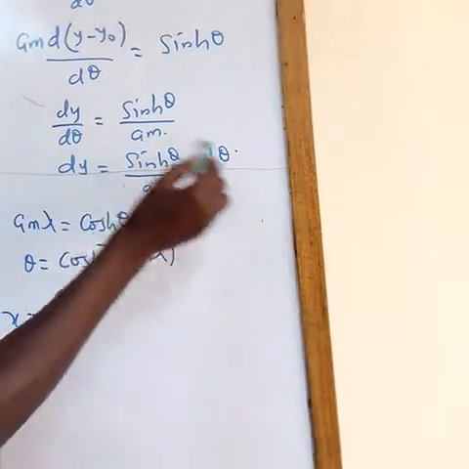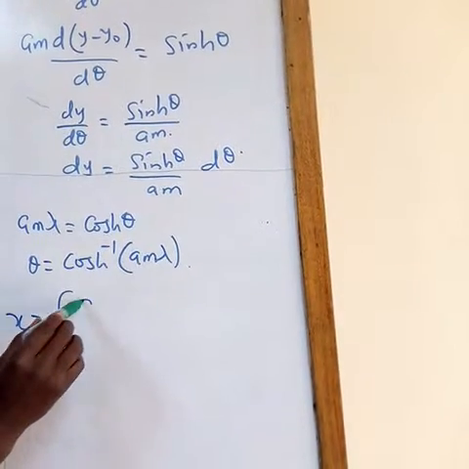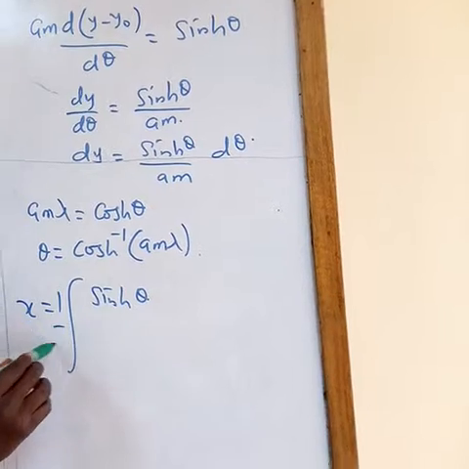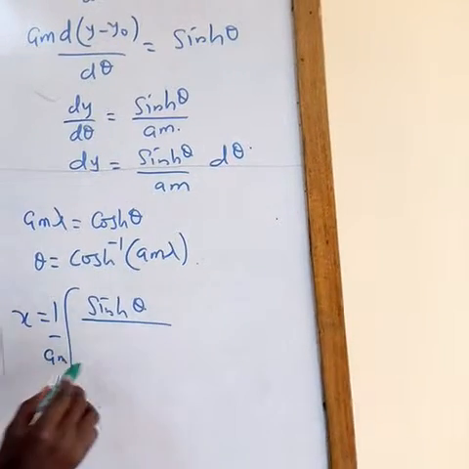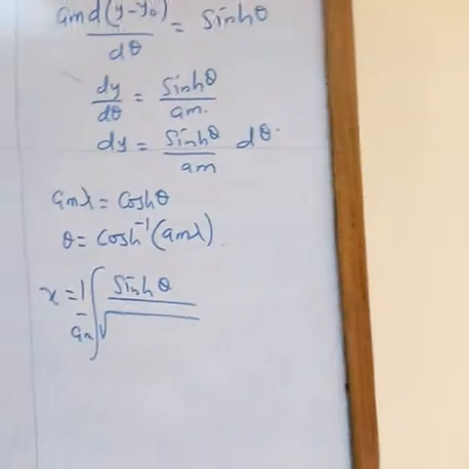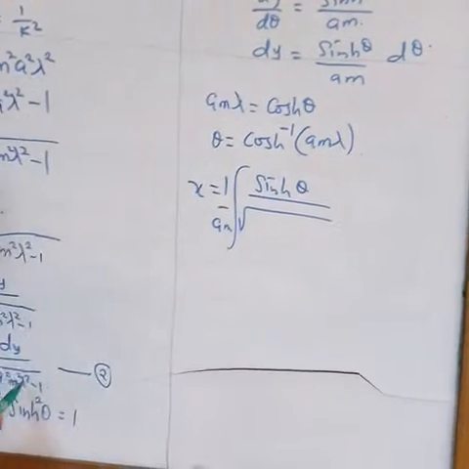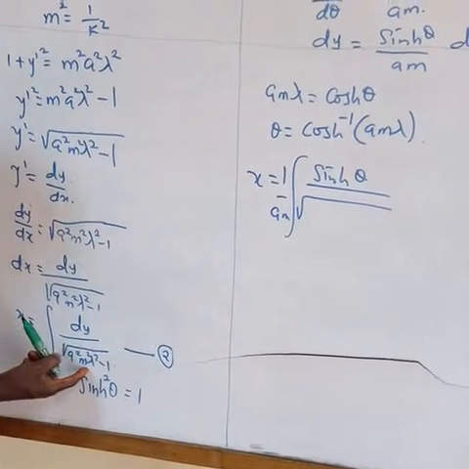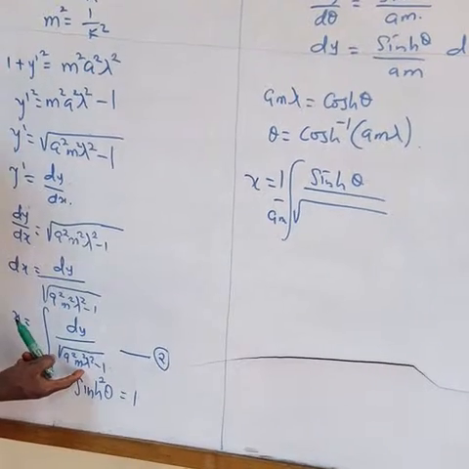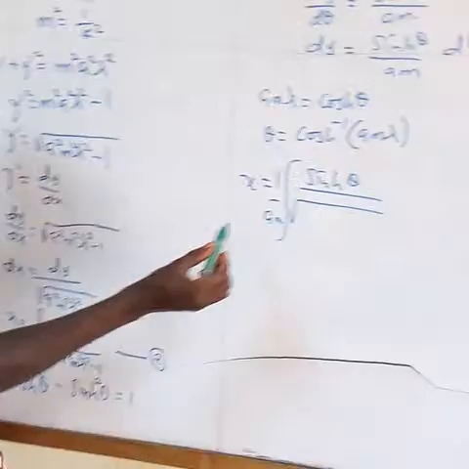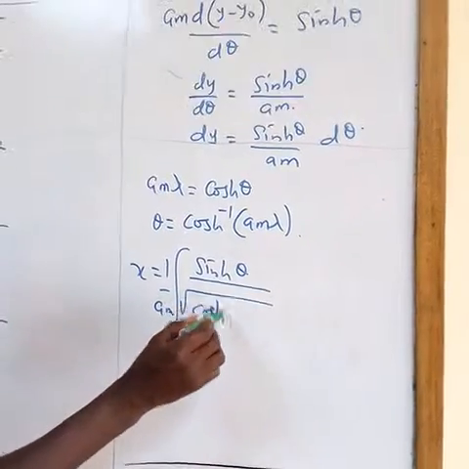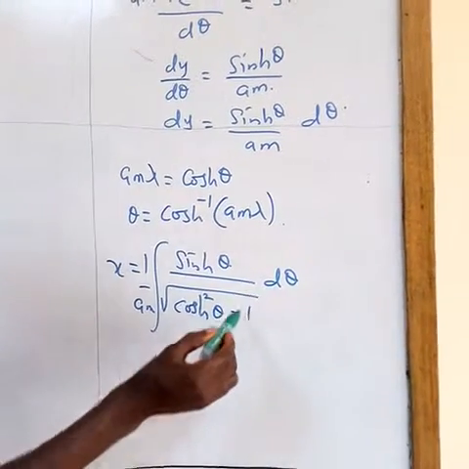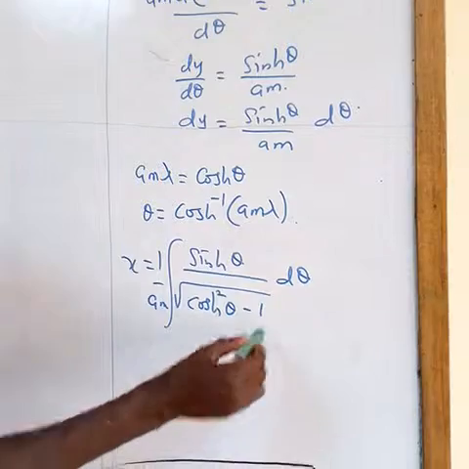Our dy is now expressed as this, which is equal to sin theta over am, over the square root of a squared m squared lambda squared, and am lambda is already cos theta. So the square will now become cosine squared theta minus 1, d theta. So this one is the same thing as sine theta.